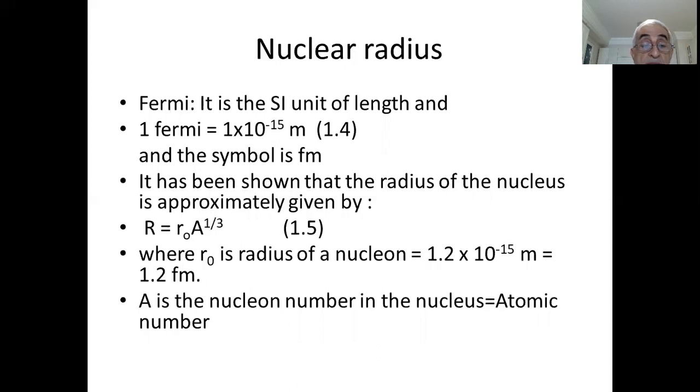Nuclear radius. The Fermi is a unit of length, and 1 Fermi equals 1 × 10^-15 meter. The symbol is fm.